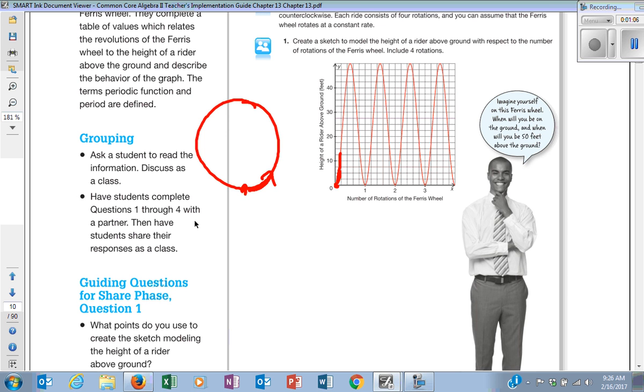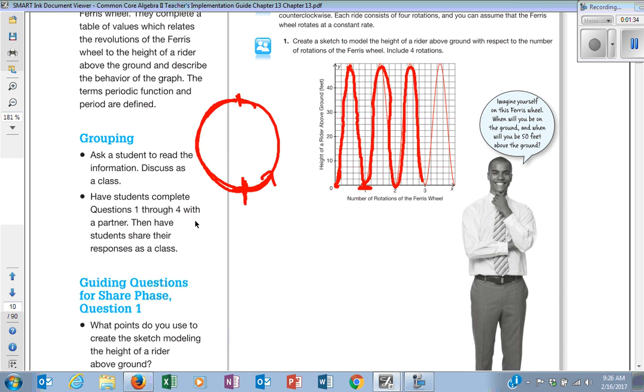It's going up from the ground, and then it reaches its highest point, which would be right here. And then it starts traveling back down to the ground. And then once you get here, you've completed one rotation, and then you go back around, and so it goes back up. And so it creates this wave effect.